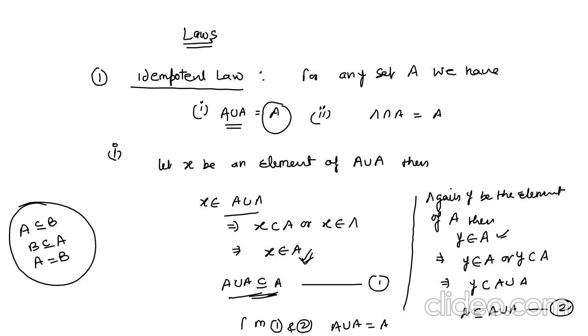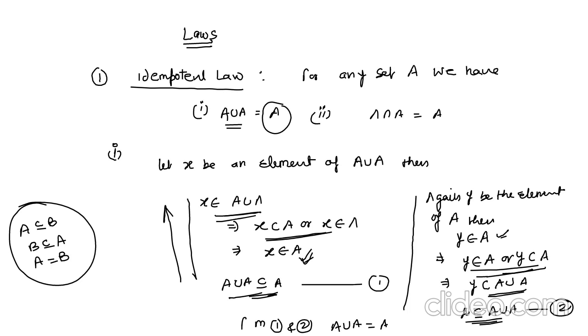Then in our RHS part, we start from here. You can take y as x, no effect. So x belongs to A, and the next step: y belongs to A or y belongs to A, and the next step: y belongs to A union A. So we write A is a subset of A union A. So you do only the LHS part, then the reverse process is used for the RHS part.